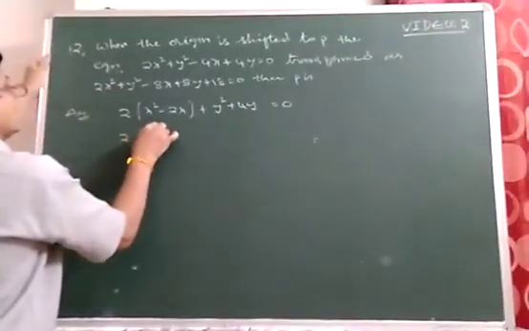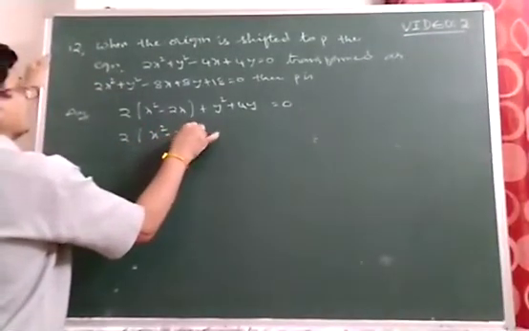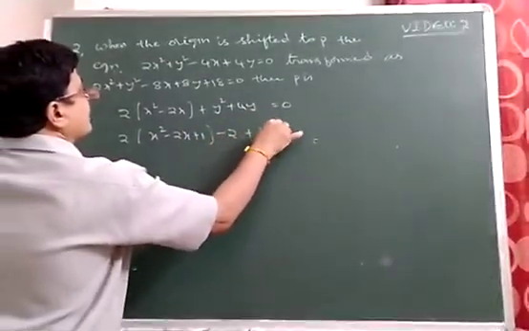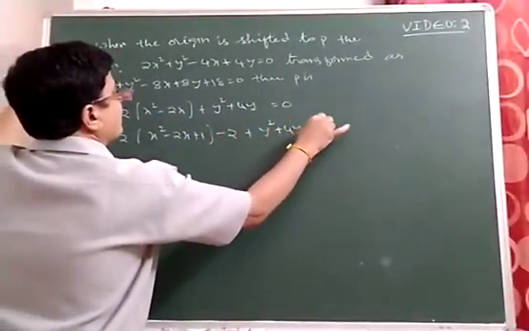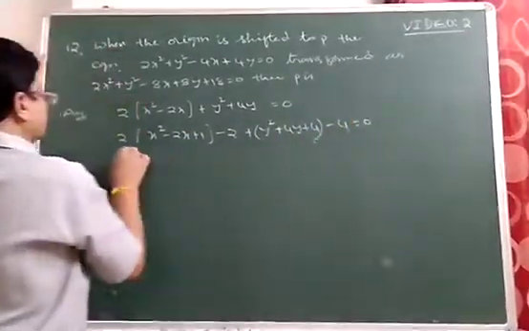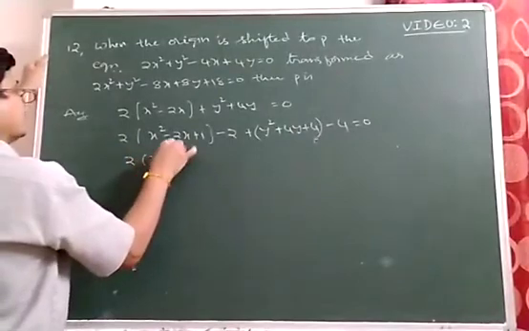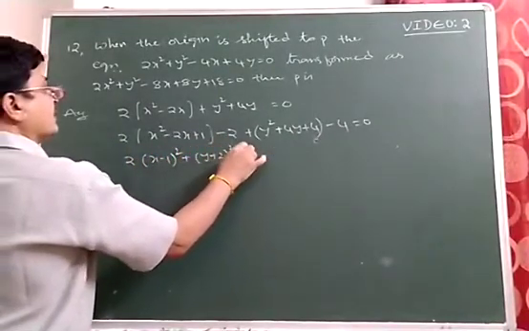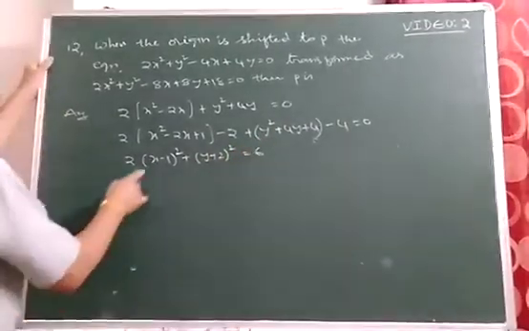This can be written as 2 into x square minus 2x plus 1, adding 1 and subtracting 1, plus y square plus 4y plus 4, adding 4 and subtracting 4, is equal to 0. Now this is 2 into x minus 1 whole square plus y plus 2 whole square is equal to 6.